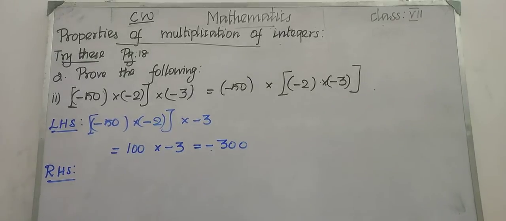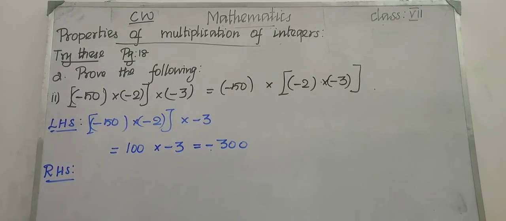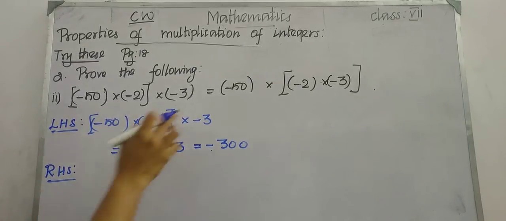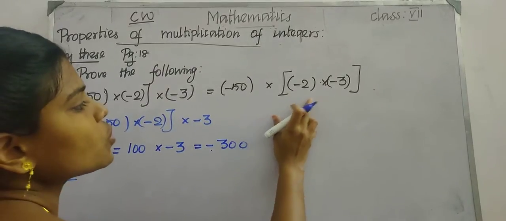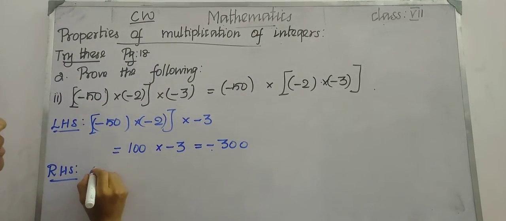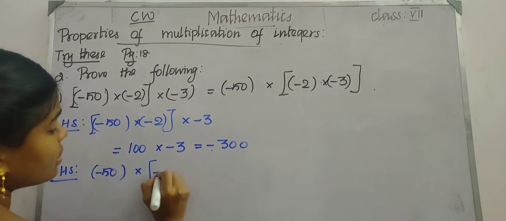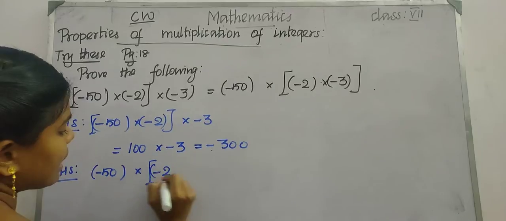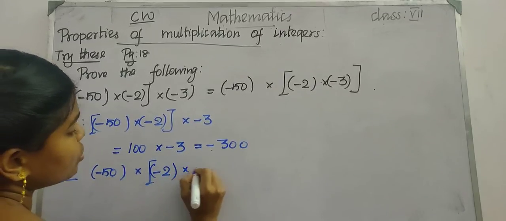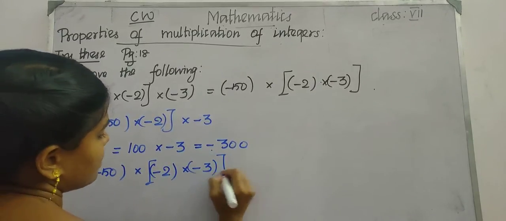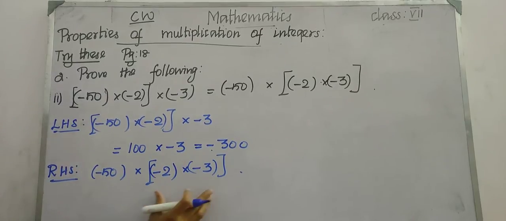So, what are the integers in the right hand side? Minus 50 into minus 2 into minus 3. Let us write: minus 50 into square bracket, inside that minus 2 into minus 3. Okay children, first of all let us solve the square bracket.